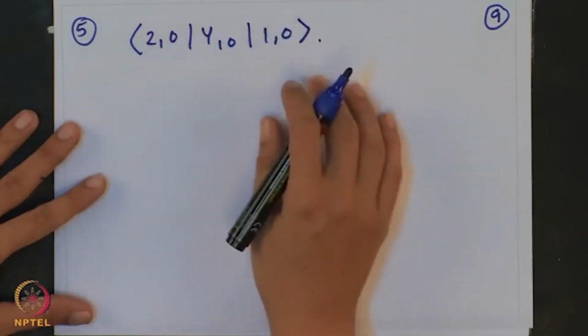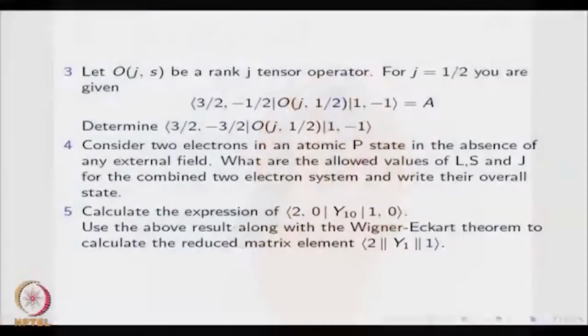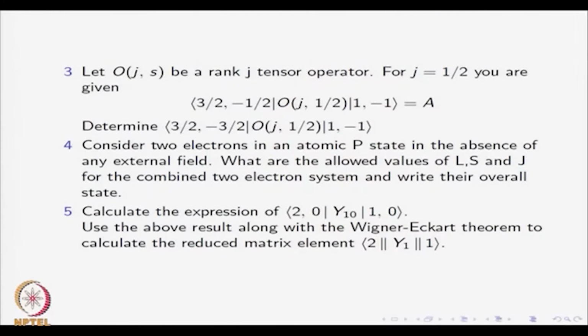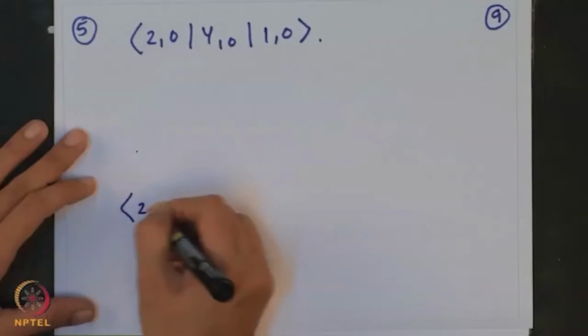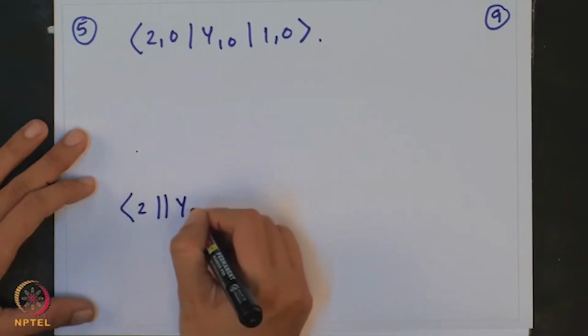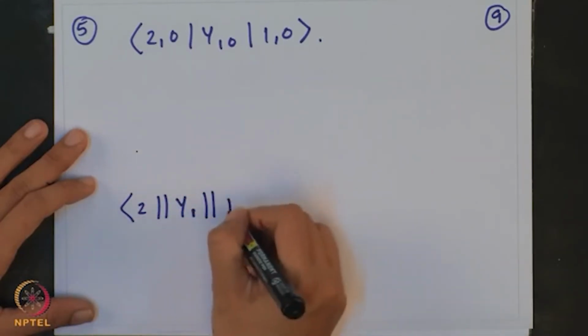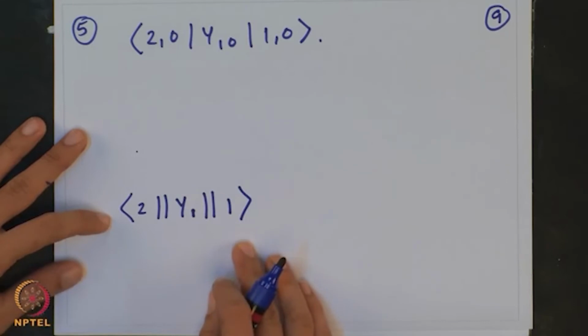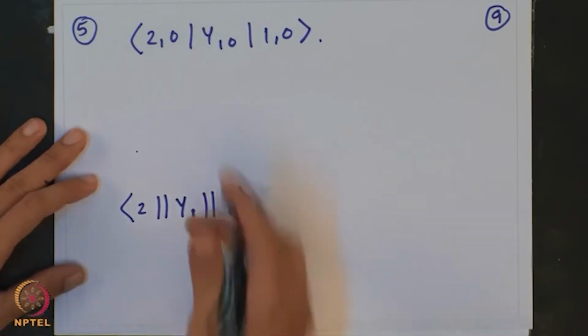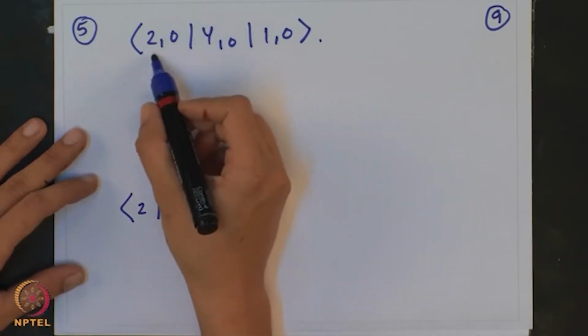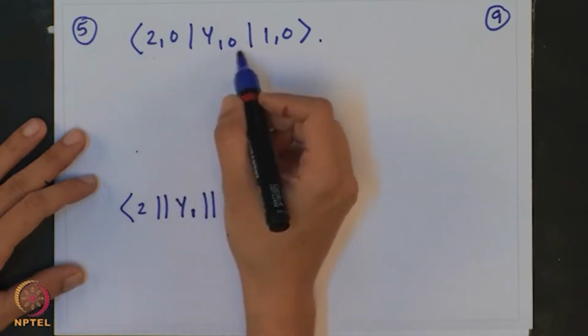This is what you have to calculate. So, you use the Wigner-Eckart theorem to calculate the reduced matrix element. Okay. So, the reduced matrix element is written as <2||Y||1>. This is another way of representing the reduced matrix element. So, here you have <2 0|Y 1 0|1 0>.